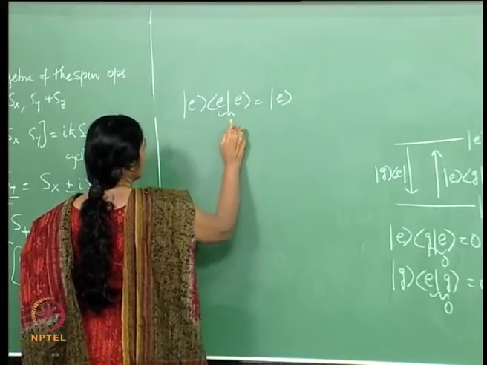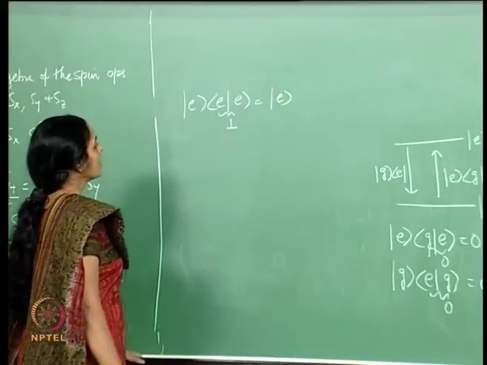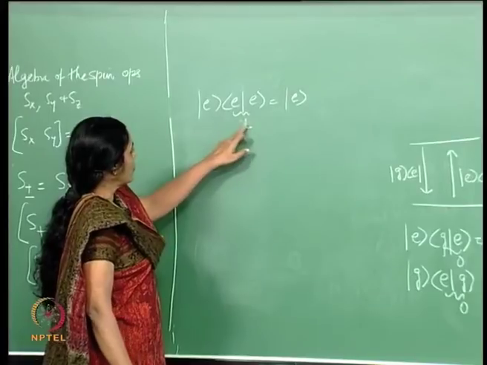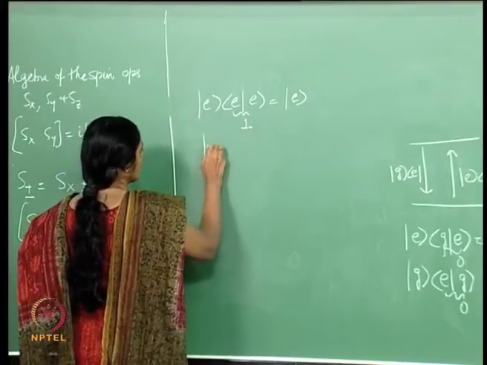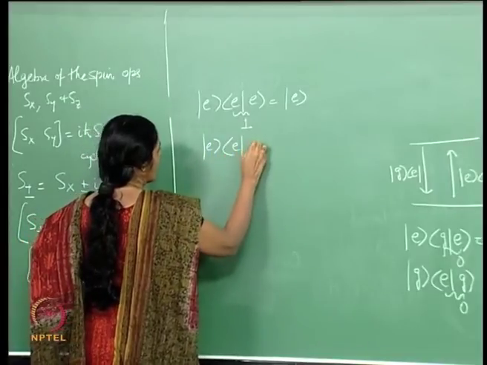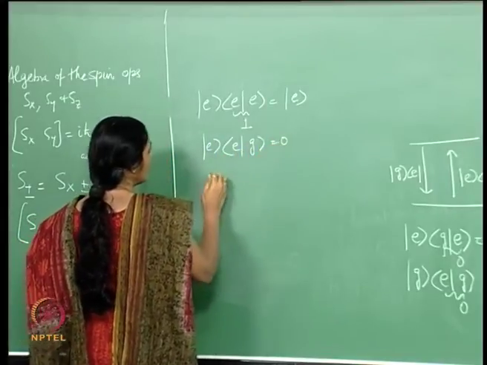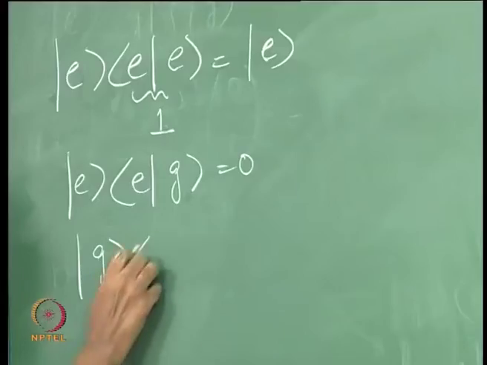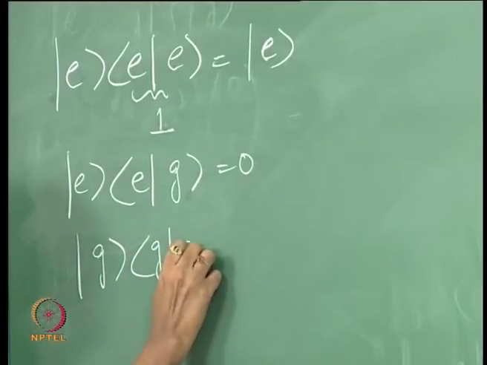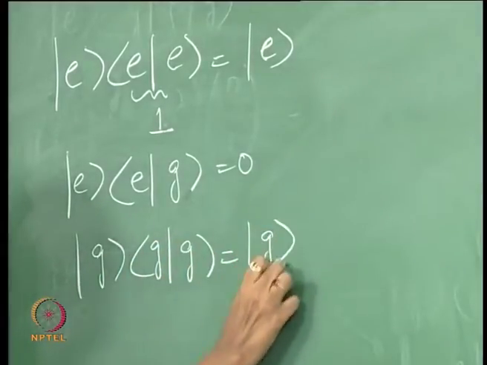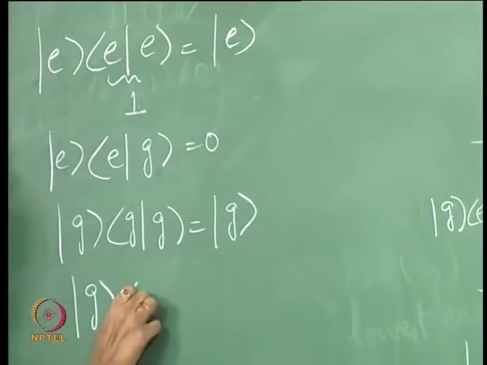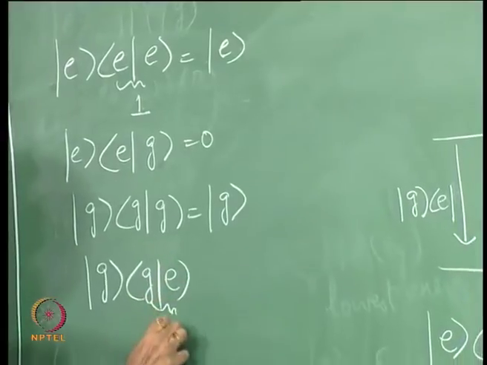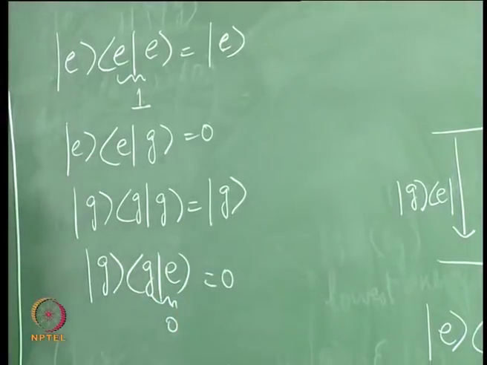It's clear that because |e⟩ is normalized to 1, you just retrieve ket e, and when |e⟩⟨e| acts on |g⟩, that is 0. Similarly, this operator acting on |g⟩ gives me the same state, and this operator acting on the first excited state gives me 0.